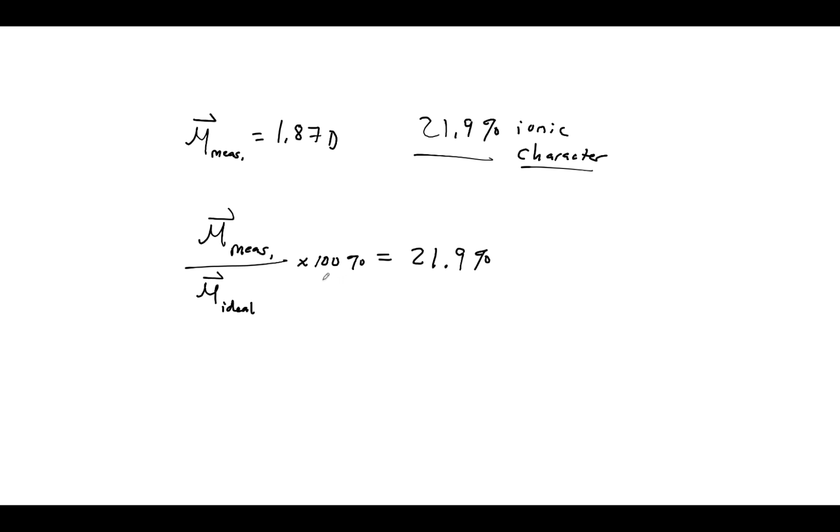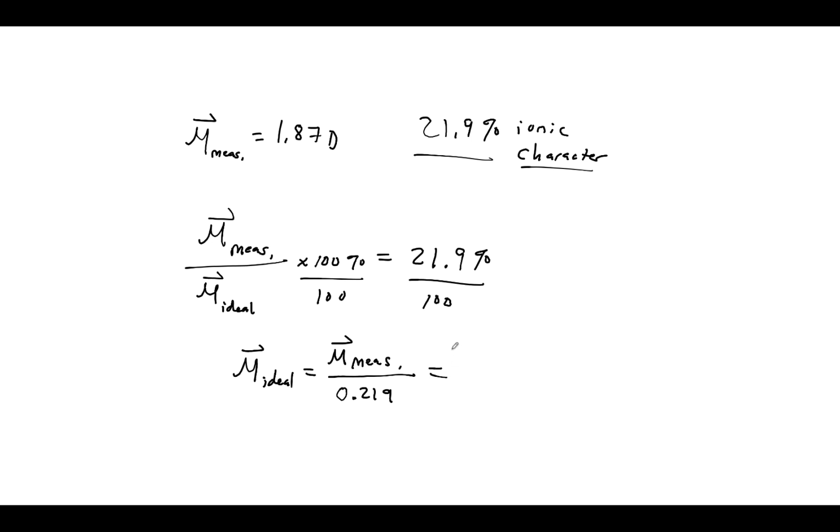So if we divide each side by 100, and then solve for mu ideal, we get mu ideal equal to mu measured divided by 0.219 in this case, okay?